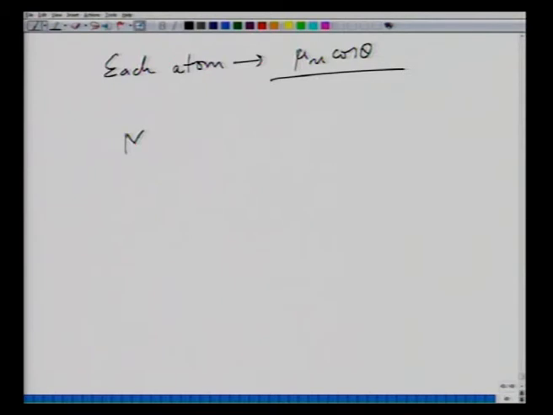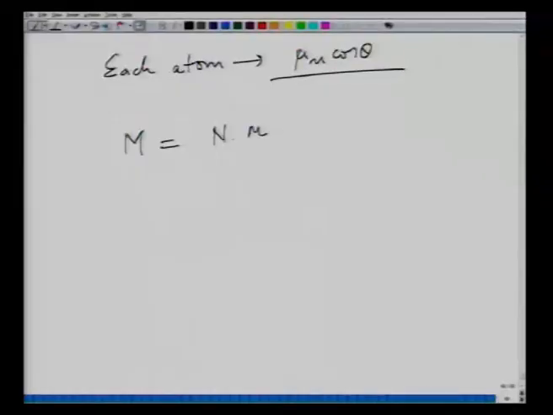So the magnetization M, which is parallel to the applied field for the whole system, will be equal to n, the number of atoms per unit volume, multiplied by mu m cos theta, for all the thetas that you have. This should be small mu m rather.